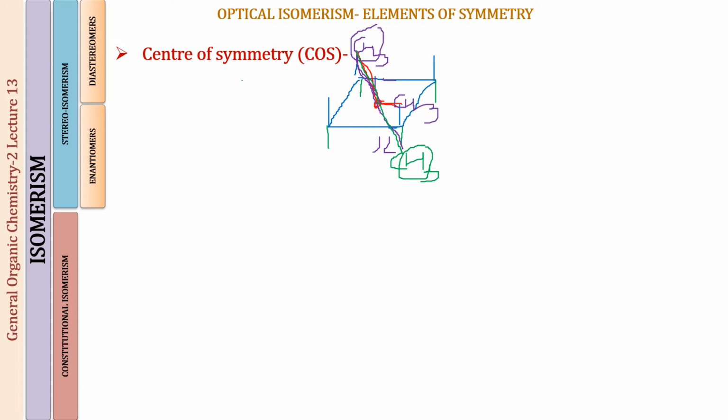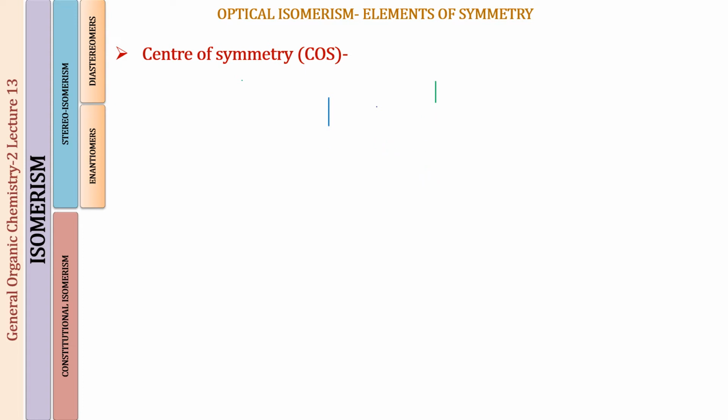This will become better if you look at now another molecule which is going to be very important for you people to see. So here in this molecule, what you can see is that this point, if I assume this to be a center of symmetry, I move in one direction and encounter a NH, opposite direction NH, a carbon, a carbon, a carbon with a carbonyl group, that is the oxygen with a double bond.